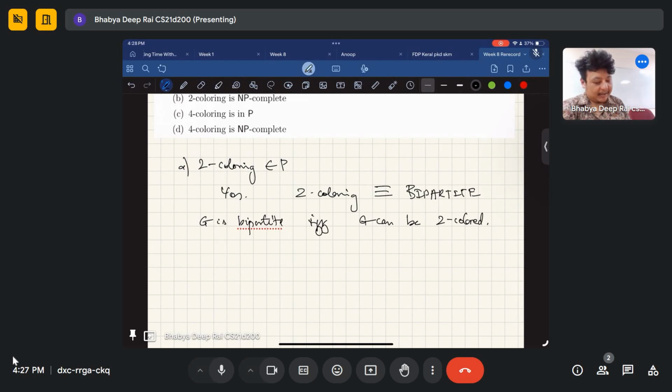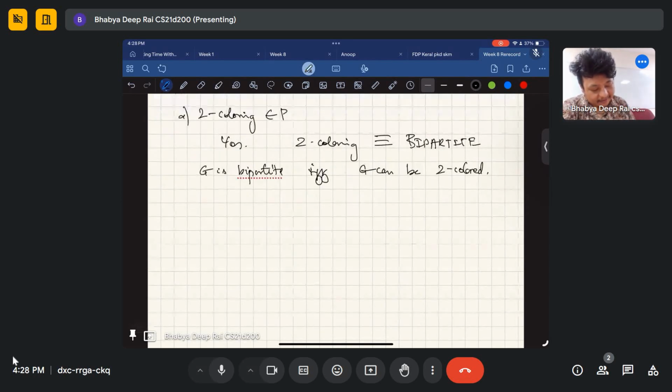Check it out for yourself. I will not prove it here, but to check whether the graph is 2 colorable, I want to check whether it's bipartite or not.